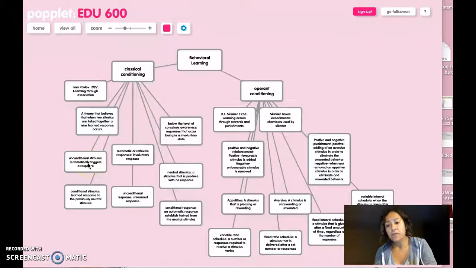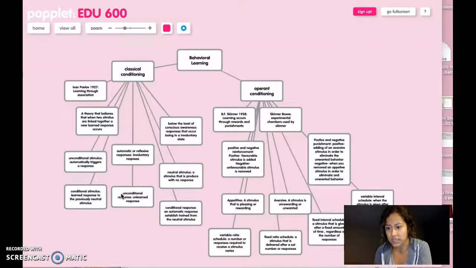And from this, the drooling occurred, which is the UCR, the unconditional response, which is right over here. And after I imagine that was done multiple times, the dogs eventually learned to associate the ring of the bell with the meat.